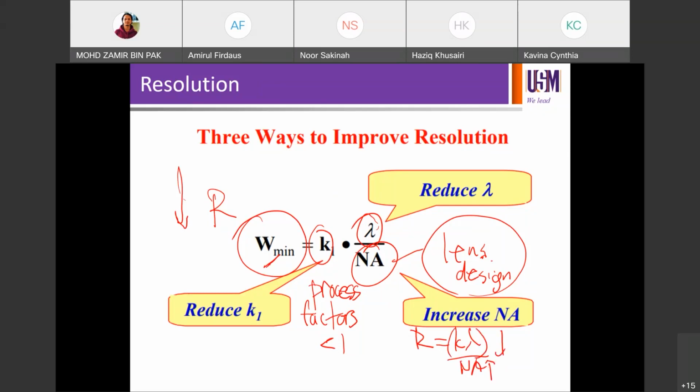Okay, so therefore you have to reduce K1, reduce process factors, reduce lambda. So that's why we are moving from, say, DUV 248 to EUV 13.5, in order to print smaller features. So that's the goal. Print smaller features by reducing the R.